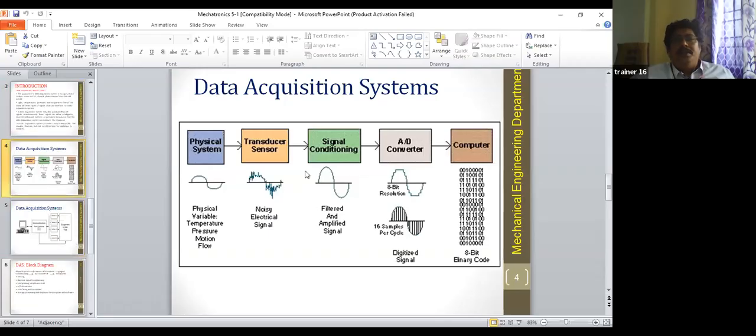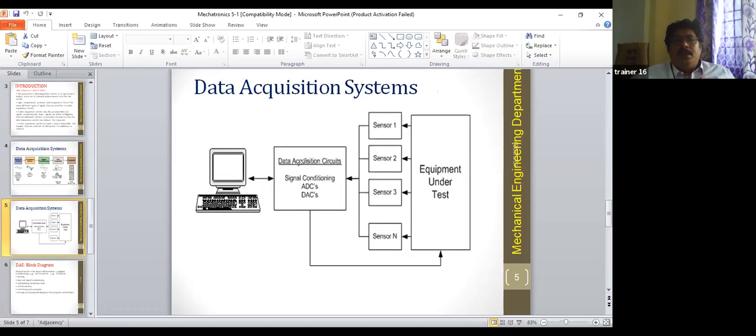So here, in this data acquisition, now you clearly observe what is there: signal conditioning, ADC and DAC. Already we discussed this last class. So what is this here? The heart of this data acquisition is nothing but ADC or DAC or the combination of these two.